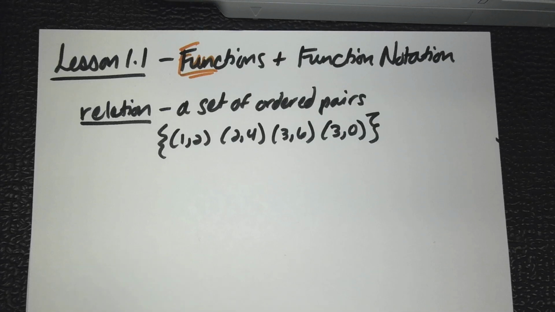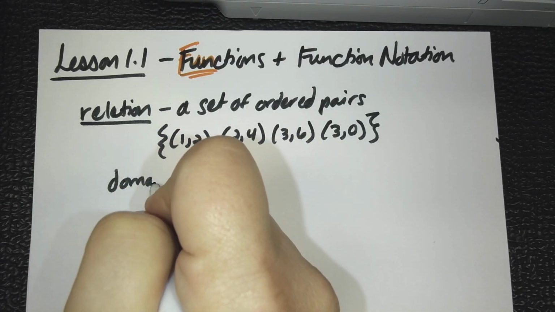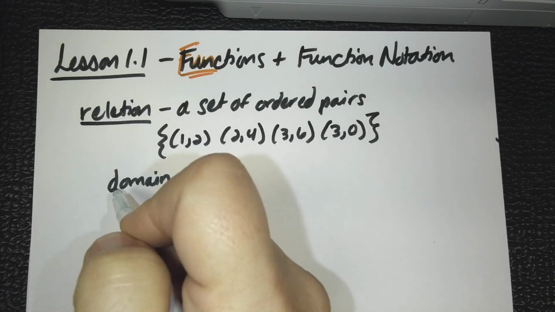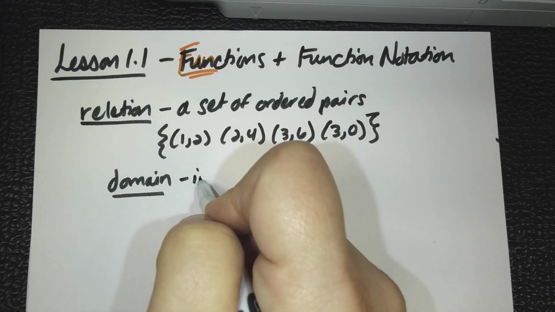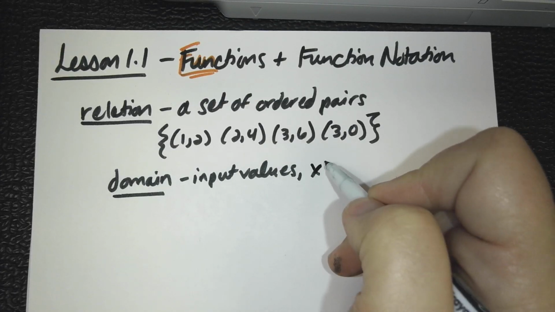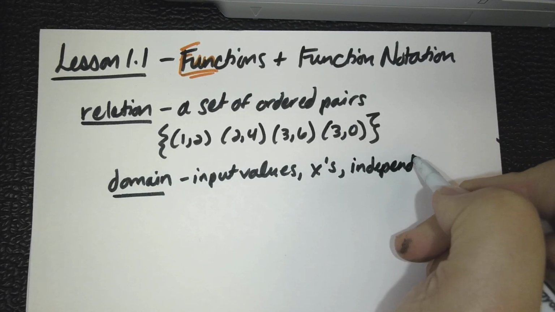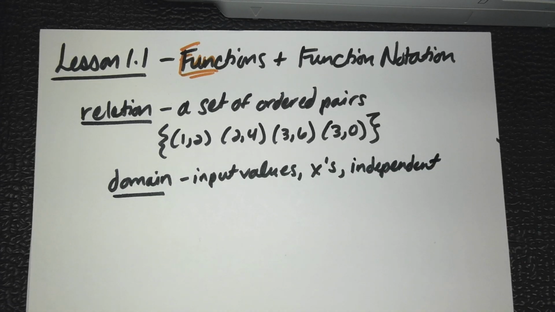Now, from that set, we have special names for the x's and the y's. The x's are called the domain. Do you remember hearing that? The domain are your input values, also known as your x's, also known as your independent variable.